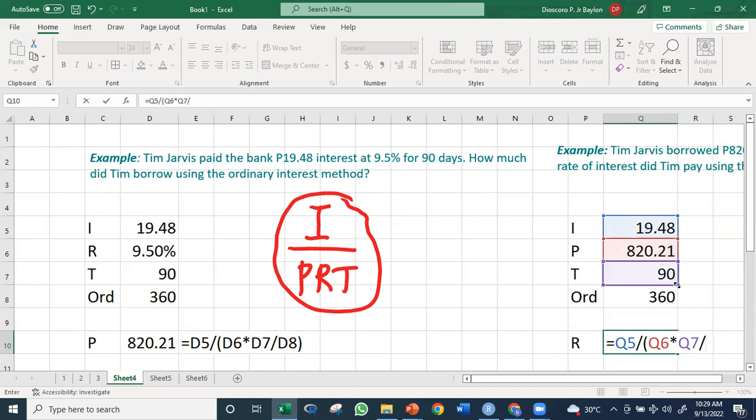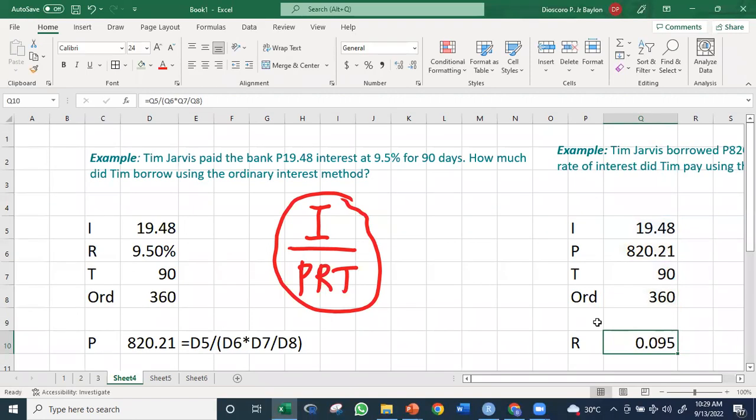And since it's an ordinary interest, so that's 90 divided by 360. And we should be getting this rate because it's the same problem. So that's 9.5%.